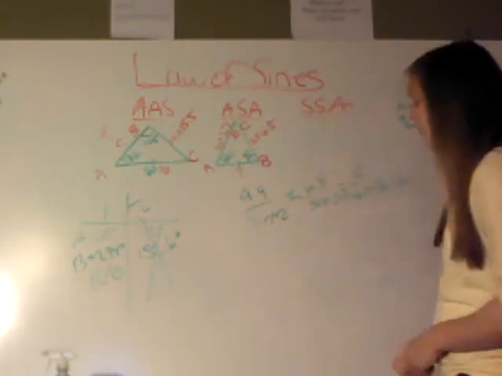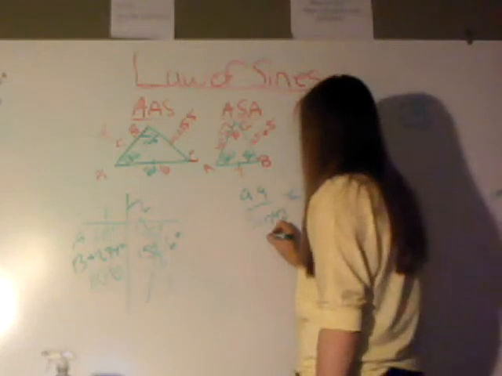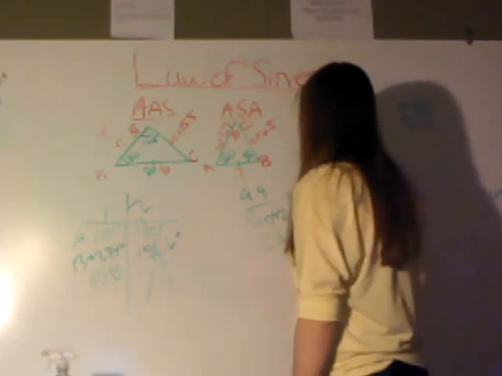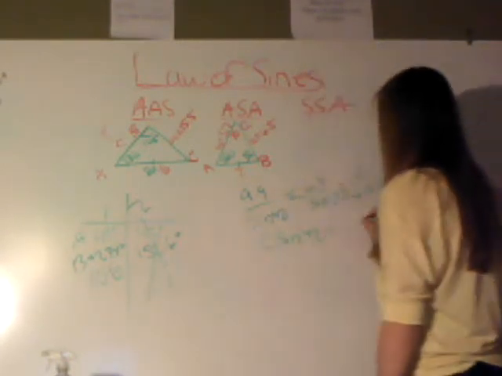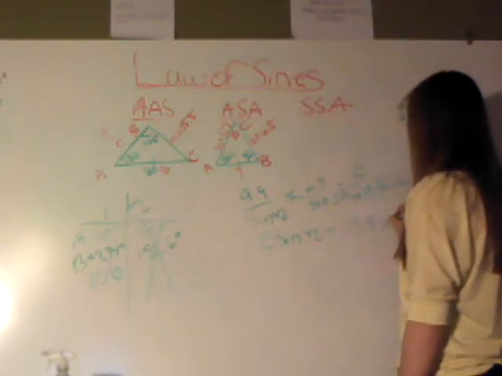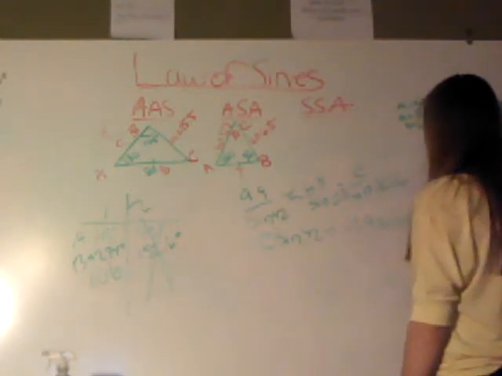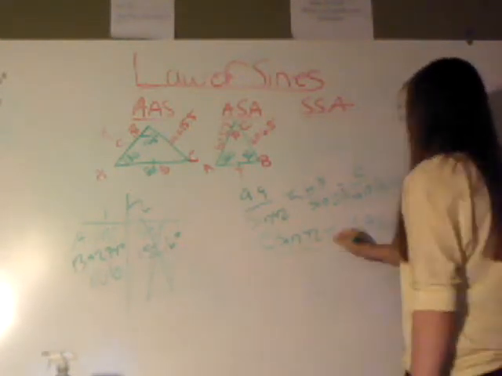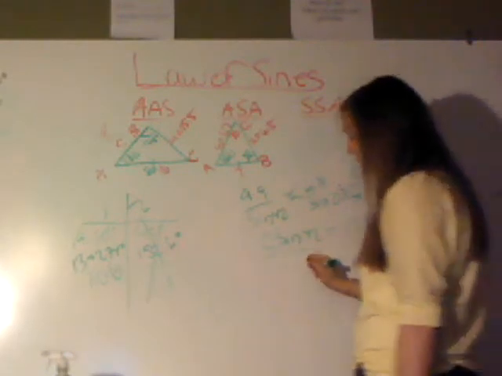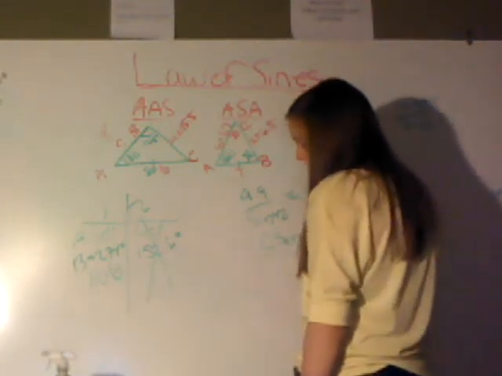So now we can cross multiply to get C. We would get C sine of 42 is equal to 9.9 sine of 110.6. Divide both sides by sine of 42, and C should equal 13.8.